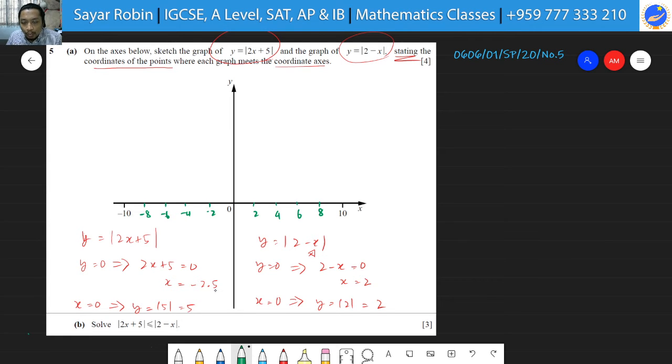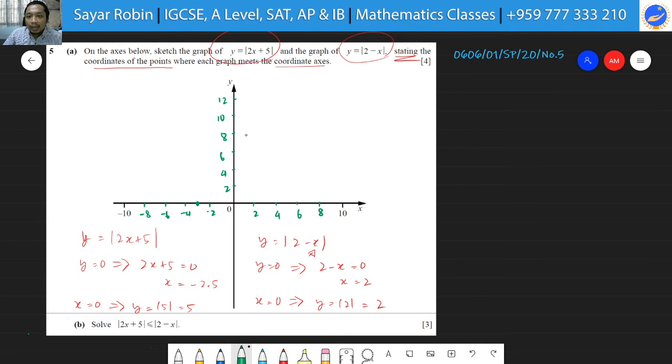Negative 2.5 is going to be here. Comma 0 is this point, and then 0 comma 5 is probably on this axis, right? So we're going to make it 2, 4, 6, 8, 10, and 12.